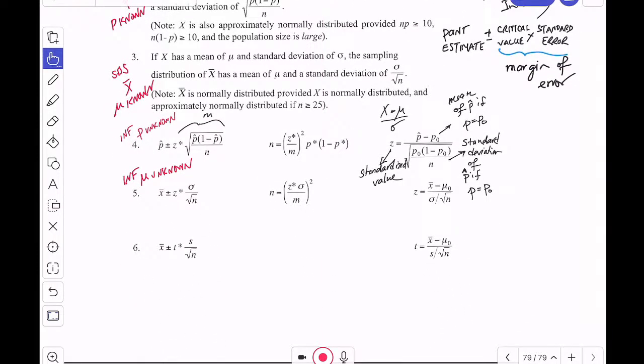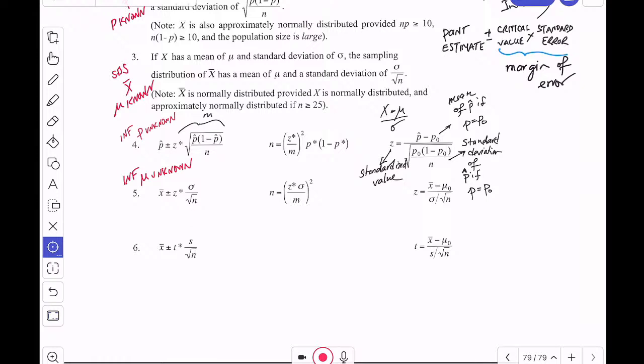We want to start looking at the inference about mu unknown, right? So mu unknown.